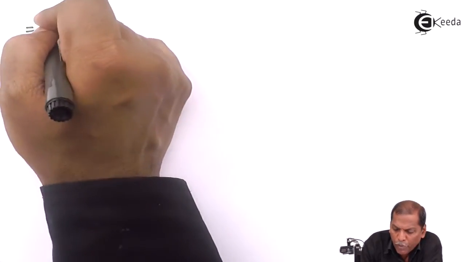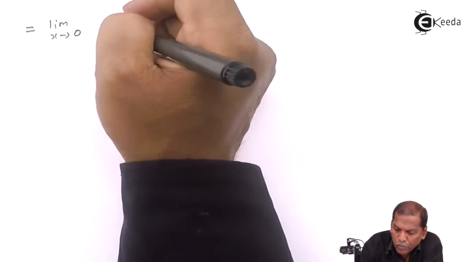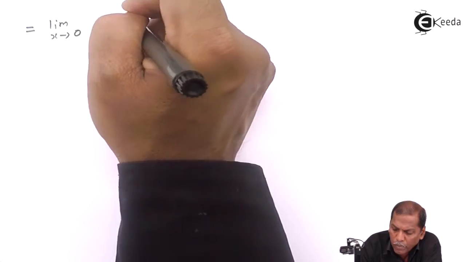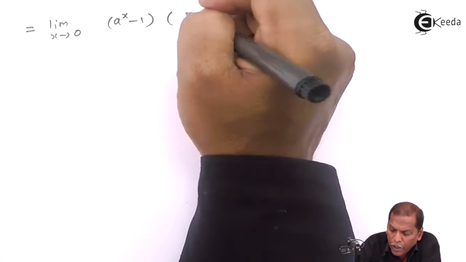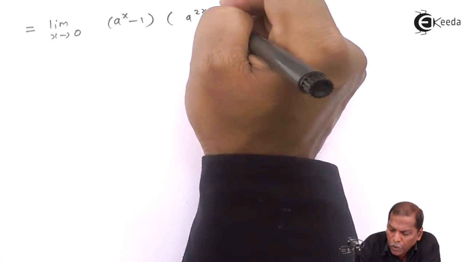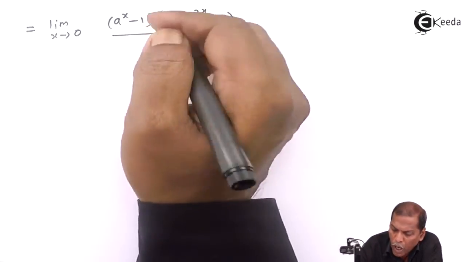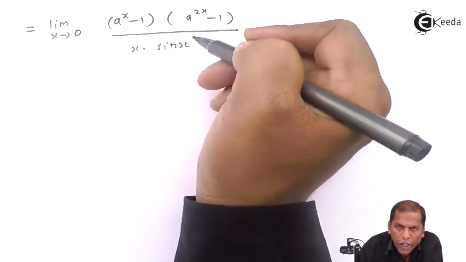So the next step will be limit x tends to 0. Now from that we take (a^x minus 1) common, and the remaining terms, a^2x and minus 1, we write in the second bracket upon x sin x.